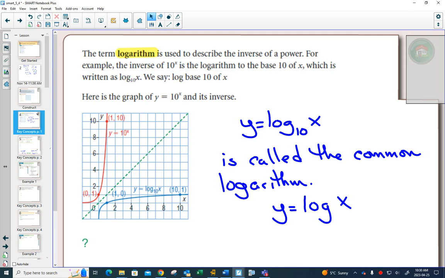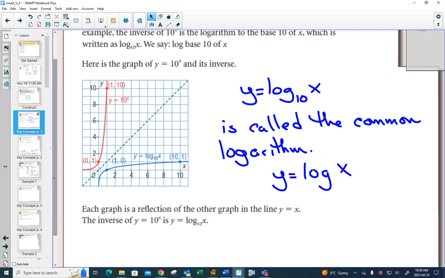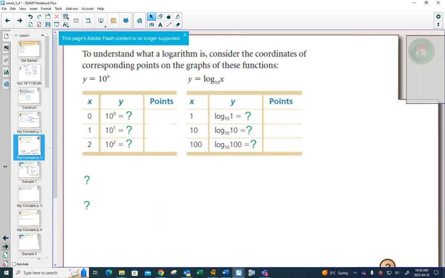So here we have y equals log x being the inverse of y equals 10 to the x, and we've got a new function. If you take points on your exponential graph, you just switch x and y, and those would be points on your log graph.